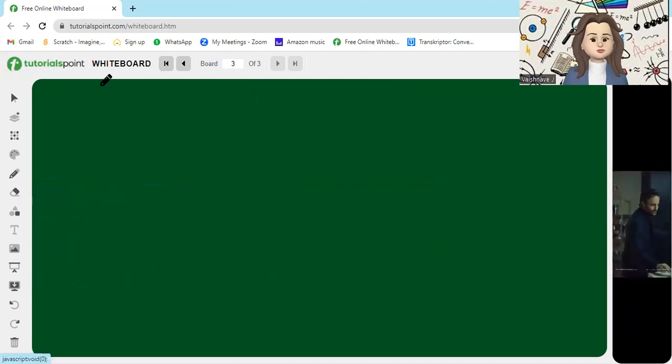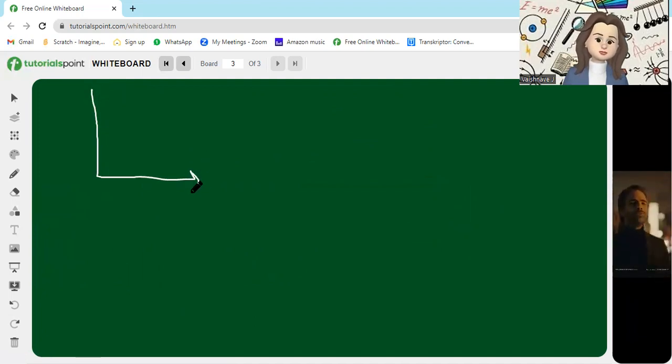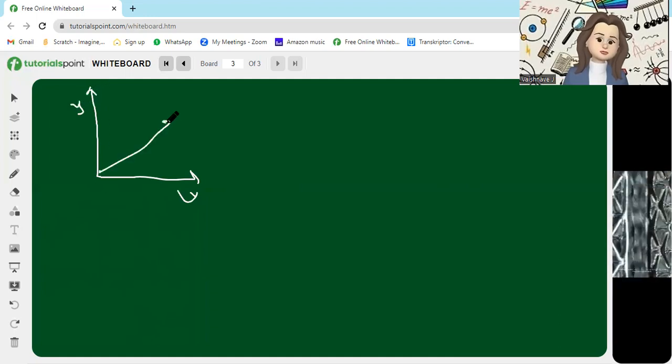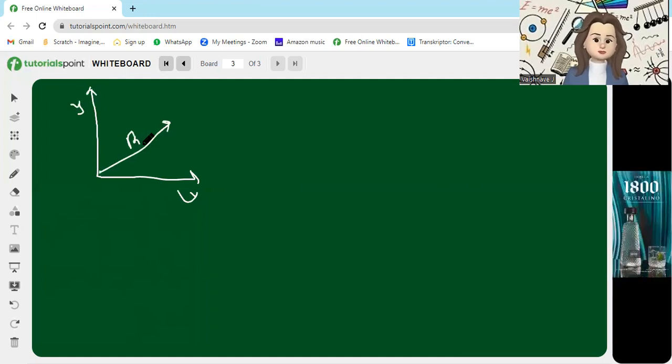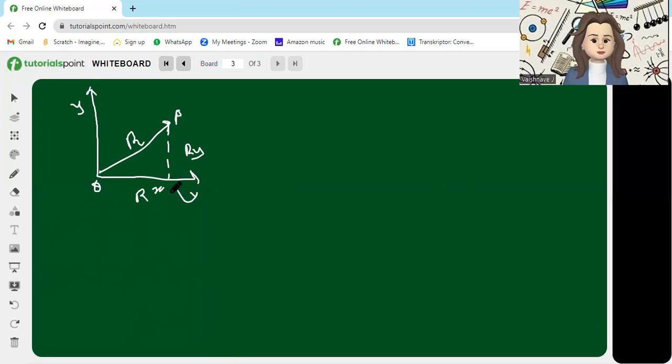So this is your xy plane, x, y. Clear? Now this is the vector, let's say r. And let's draw an imaginary line, ry and rx here. Let's name this triangle as OPQ. And now this is theta.